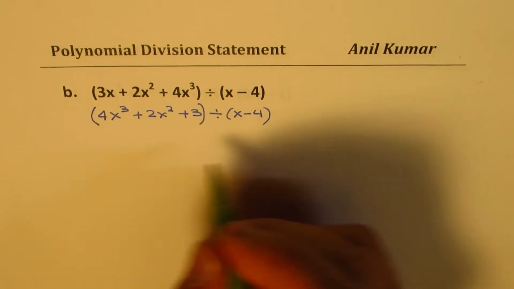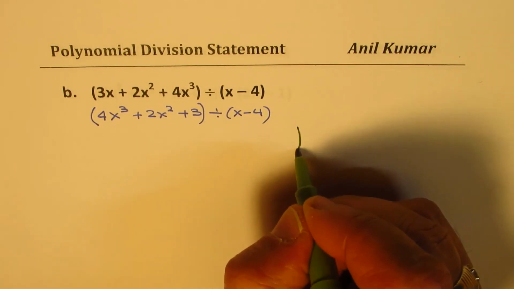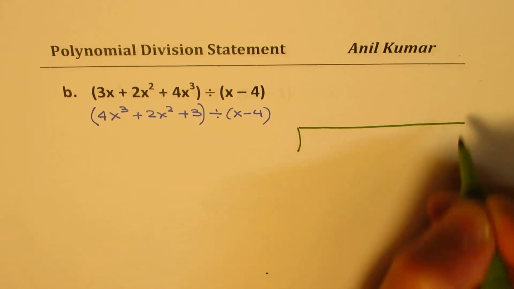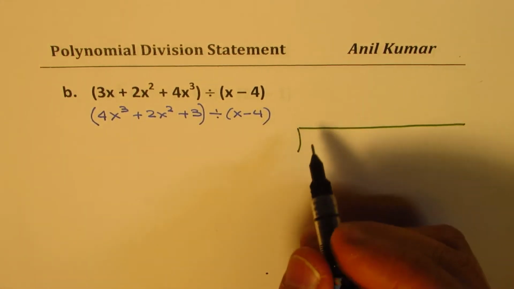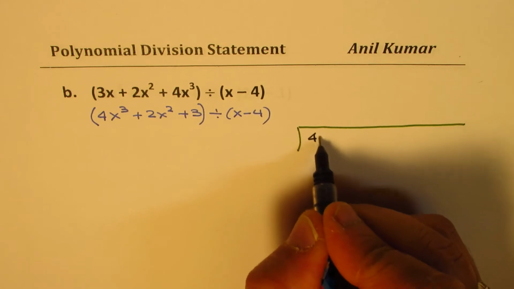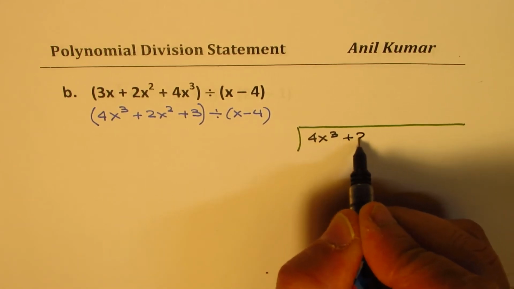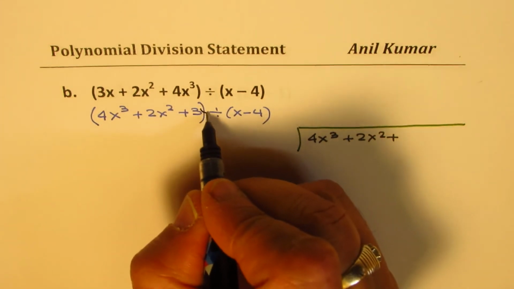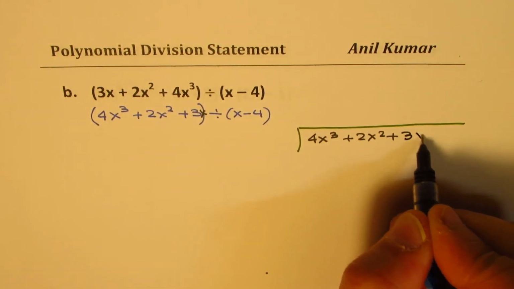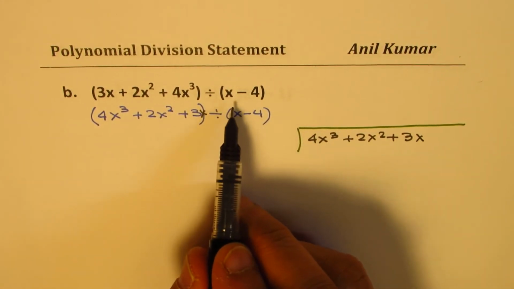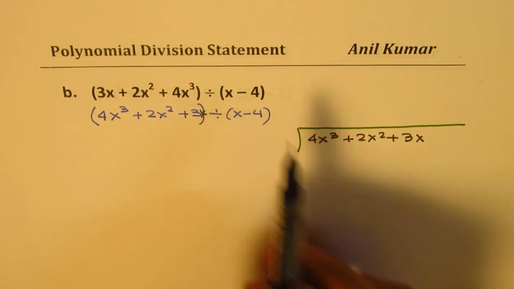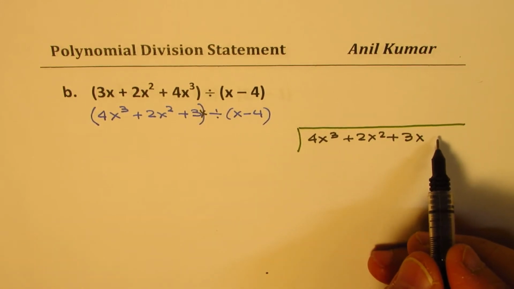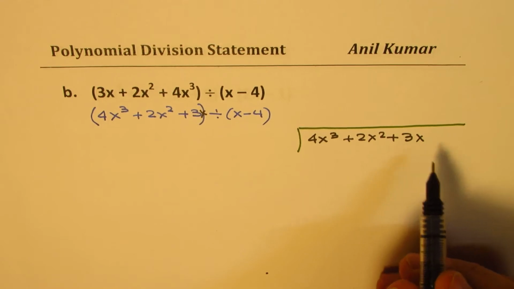Now let's divide and get our result. The process of division is the same as we did in part A. So we'll now divide 4x cubed plus 2x squared plus 3x. Since you are dividing by x minus 4, you may write plus 0 also at the end, but we will see how it goes.